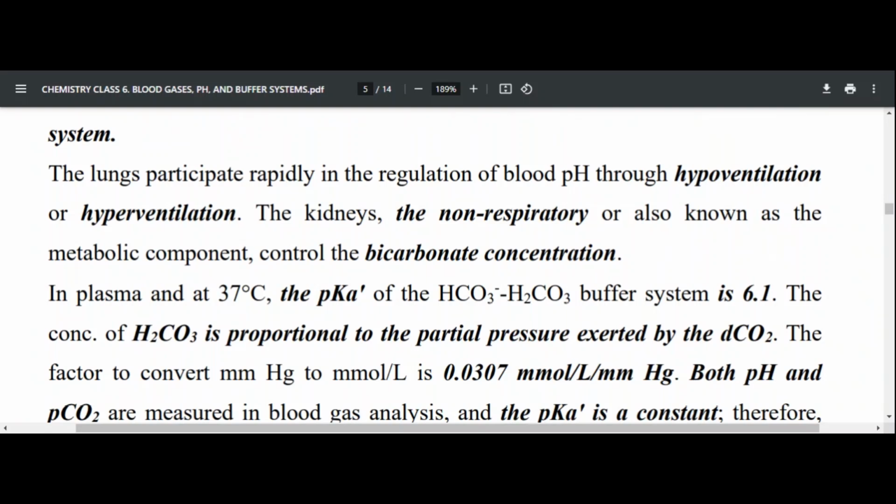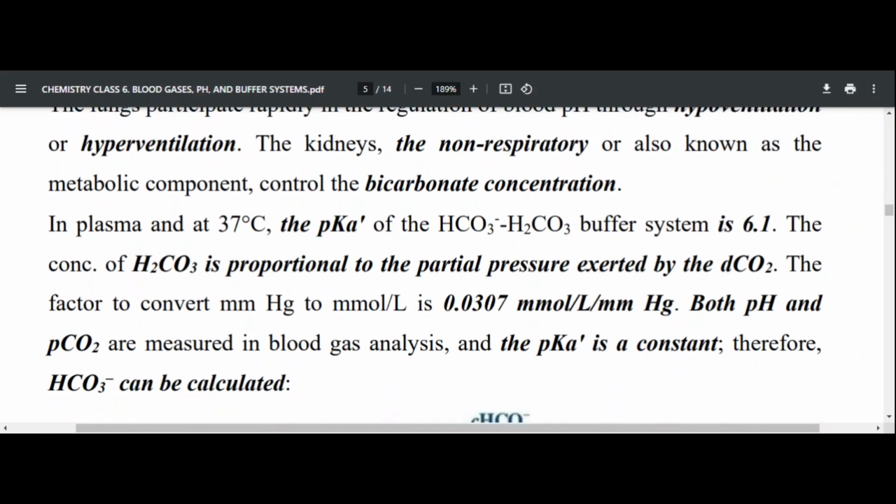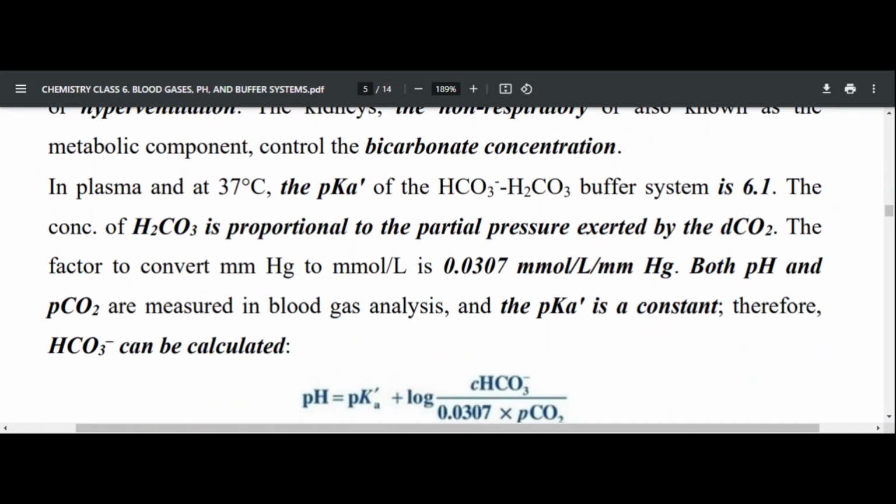So in the plasma, when the patient is at 37 degrees body temperature, the pKa of this system is always 6.1, right? And the concentration of carbonic acid is proportional to the partial pressure exerted by dissolved CO2, right?